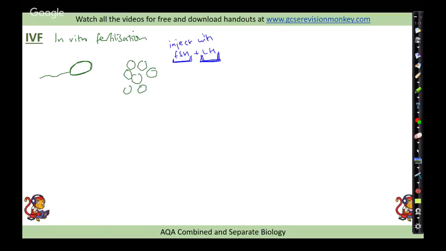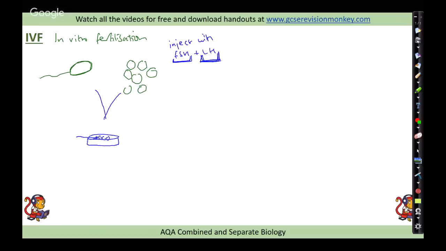But when we've got all these eggs released, then in a petri dish or dish of some kind, you'll have the woman's eggs in there. And again, the scientist will pick the best ones. They will then inject a sperm into each of the eggs.